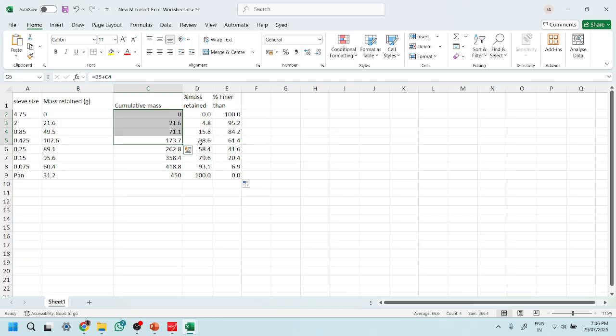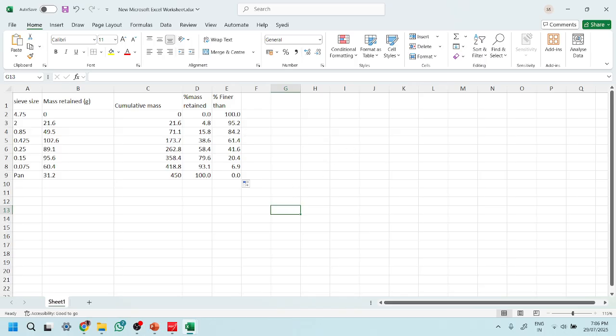That is why it was retained. And here we are subtracting from 100 because now we are saying that 100% of the particles are smaller than 4.75 mm, and 95% of particles are smaller than 2 mm.